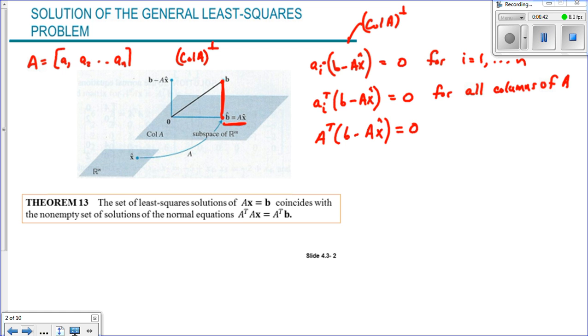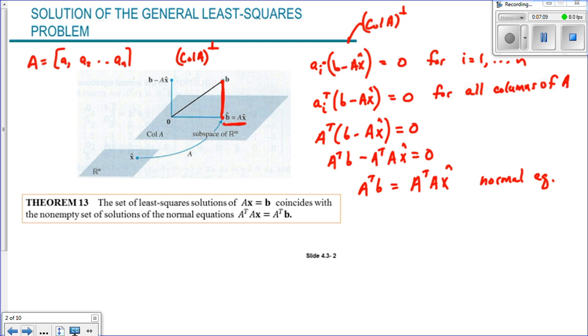So this is equivalent to A transpose b equal, one step at a time here, A transpose A times x hat, which means that A transpose times b is equal to A transpose times A times x hat. This is called a normal equation.